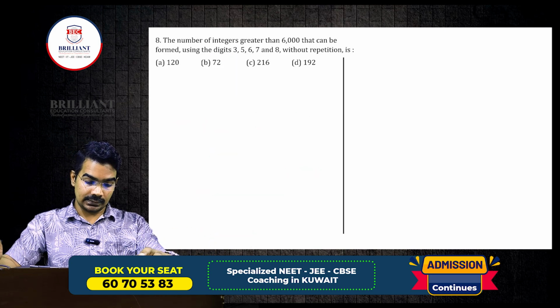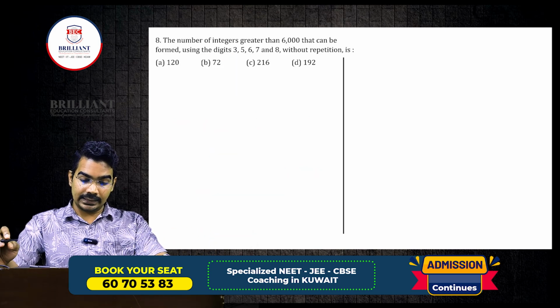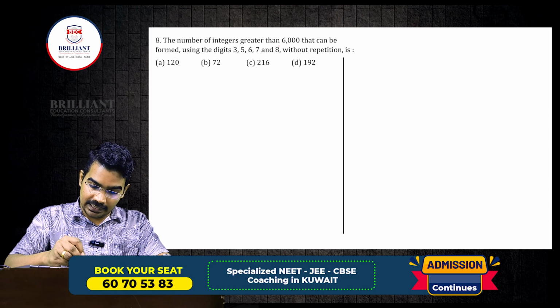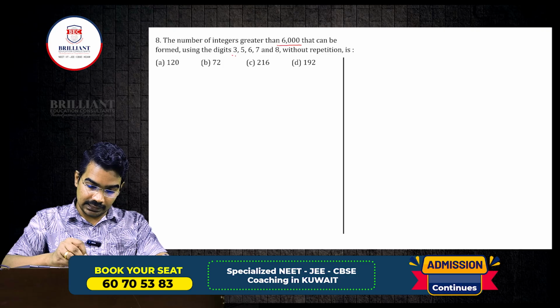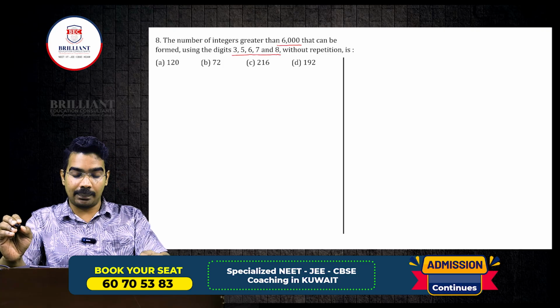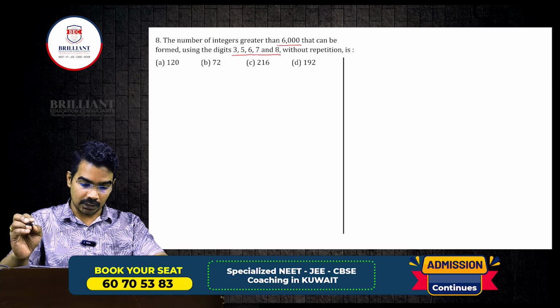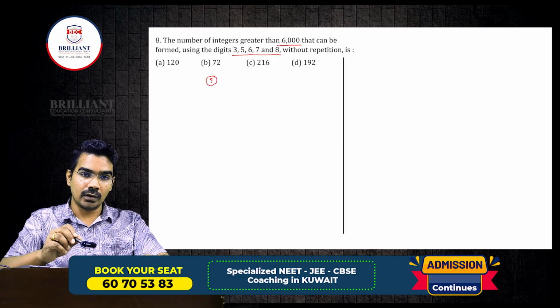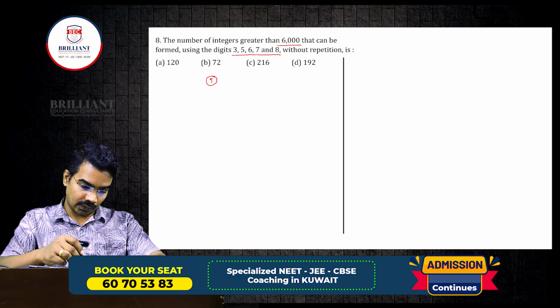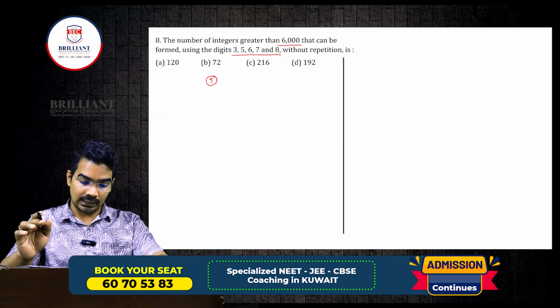The next question is the number of integers greater than 6000 that can be formed using the digits given, without repetition. So repetition is not possible. The digits given are 1, 2, 3, 4 and 5, so 5 digits are given. It is not said that all have to be used at a time.